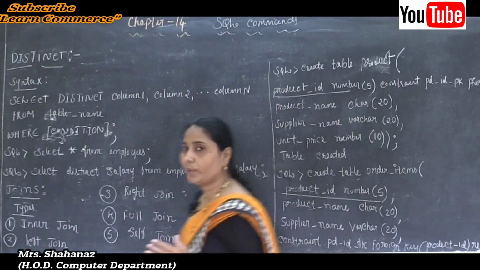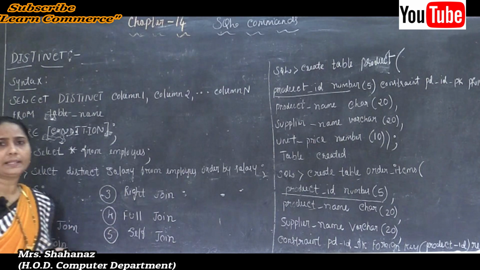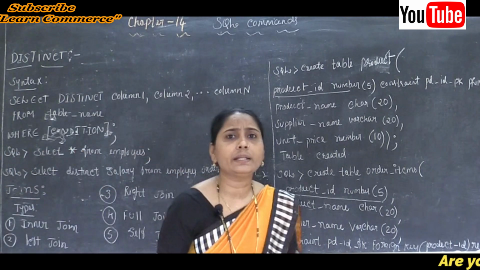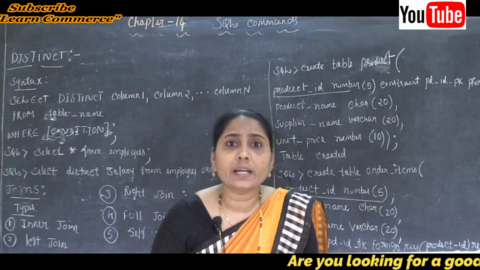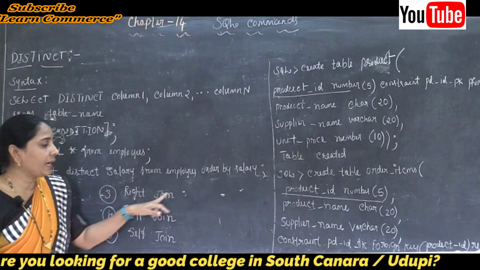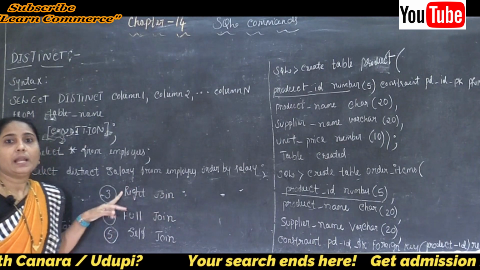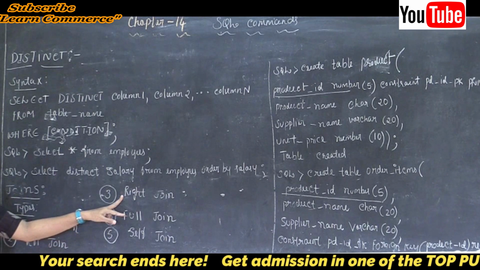The next one is the right join. It is the reverse of whatever we said for the left join. So we can say it returns all rows from the right table. It joins the right side of the table even if there are no matches in the left side of the table. Clear on this point?